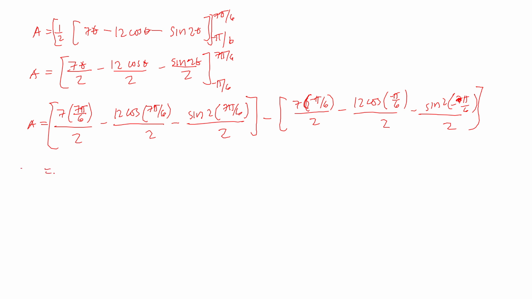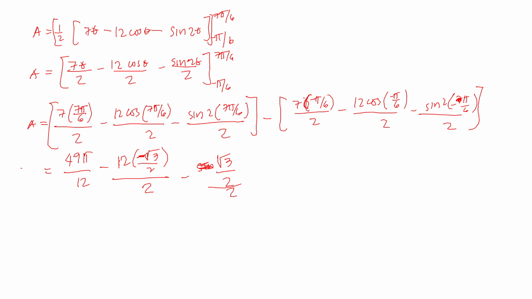Okay, so this would become 49 pi over 12 minus, let's have cosine 7 pi over 6, which is equal to negative square root of 3 over 2, so 12 times negative square root of 3 over 2 over 2, minus sine 2 times 7 pi over 6, which is square root of 3 over 2, divided by 2.